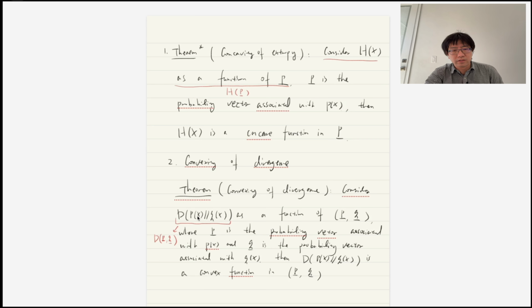This is definitely a scalar, but we can view this function as a function of the vector of P and Q, a vector of essentially probabilities. Exactly. We can view the whole probability as a vector. It's a different way of viewing this function, but nothing has changed. Okay, that makes sense to me.